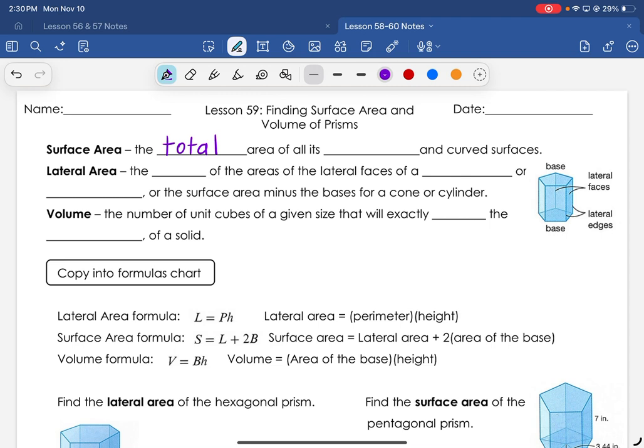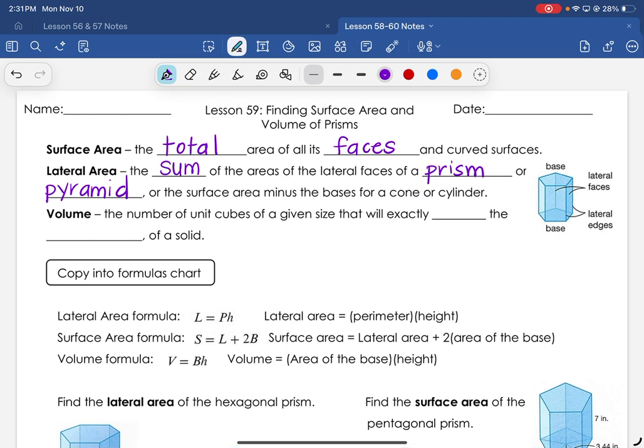Surface area is the total area of all its faces and curved faces. Lateral area, however, is the sum of the areas of the lateral faces of a prism or pyramid, or the surface area minus the bases for a cone or cylinder.